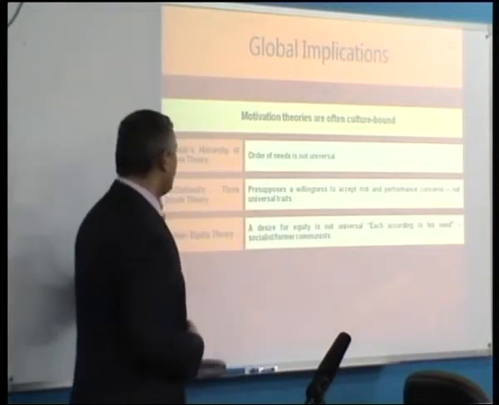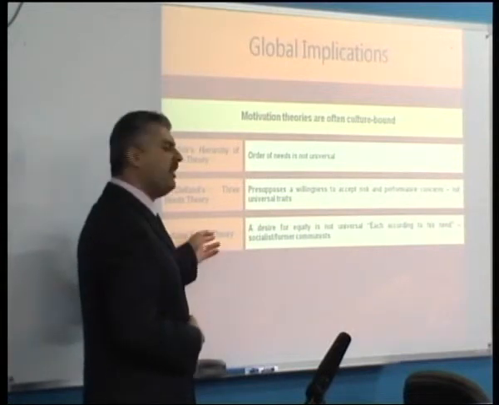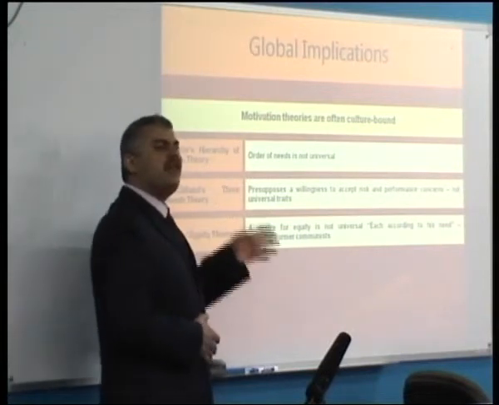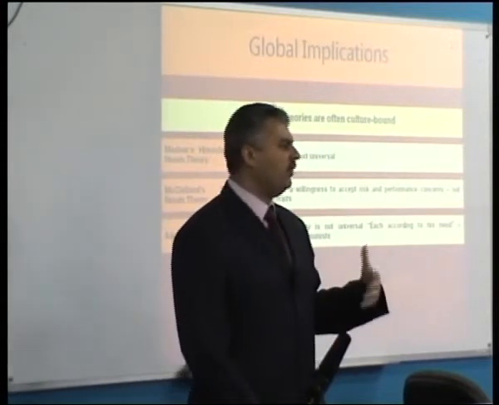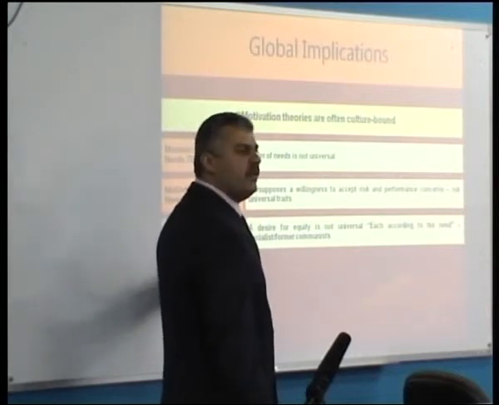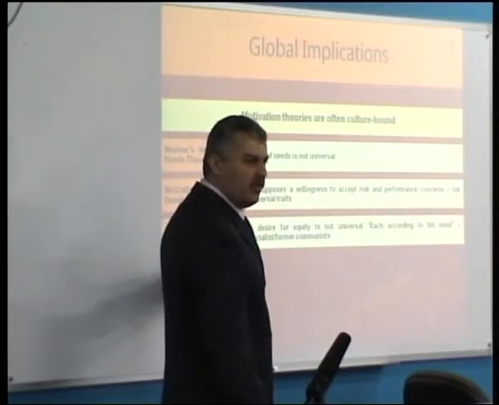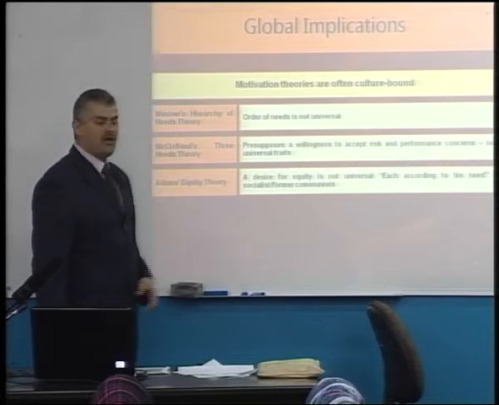The same applies when we talk about McClelland's theory, and the same when you talk about equity theory. There are no universal standards for those theories. Usually the meaning of equity also is different from one culture to another, or from one community to another, and the same when you talk about other theories.